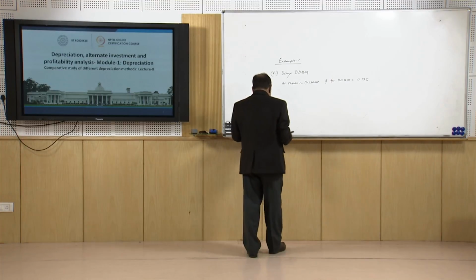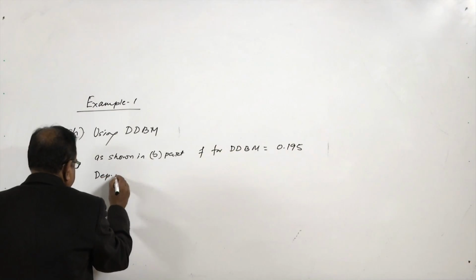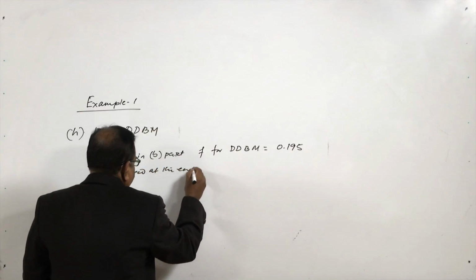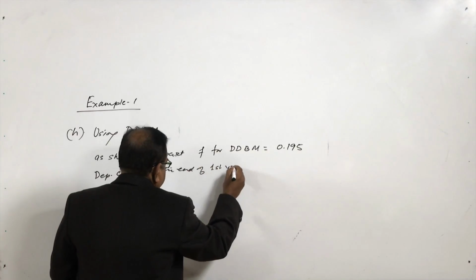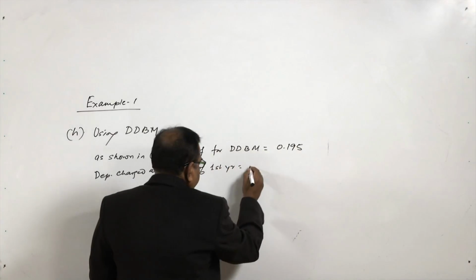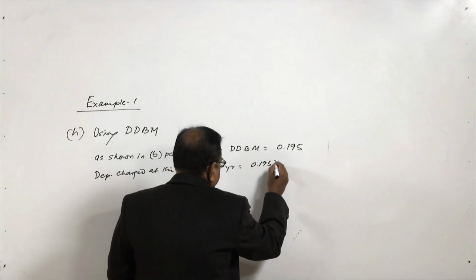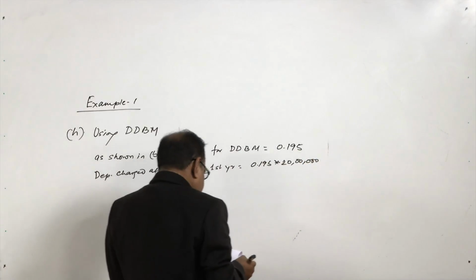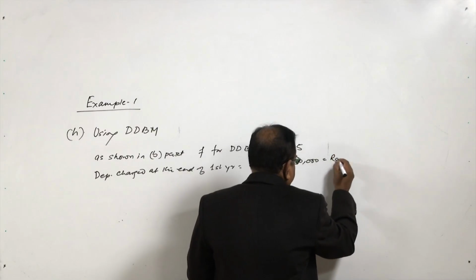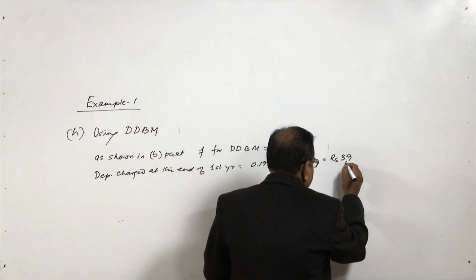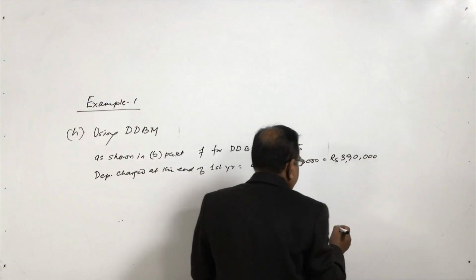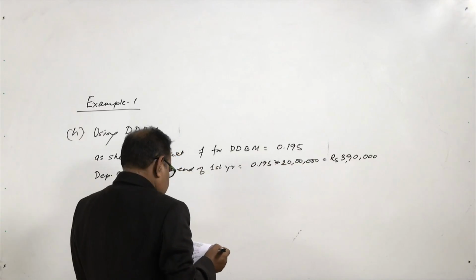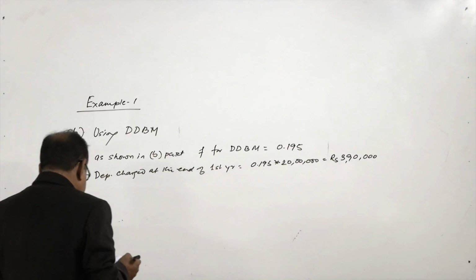So depreciation charged at the end of first year is equal to 0.195 into 20 lakh, and this comes out to be rupees 3,90,000.